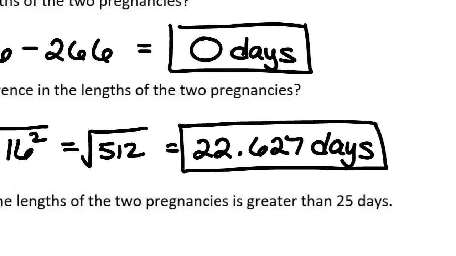Typically, it's off by about 22, 23 days. So on average, the day that they give birth will typically vary by 22.6 days from the mean of 0 days.